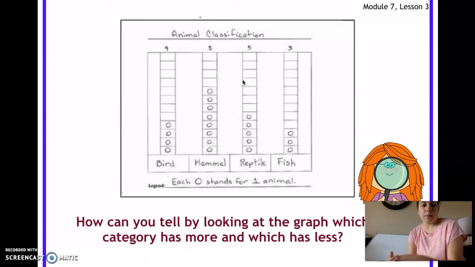So how can you tell by looking at the graph which category has more and which has less? Well, I know that mammals has the most because it goes up higher. How do you know which one's less or the least? Good. The fish is the least because this graph is the smallest.